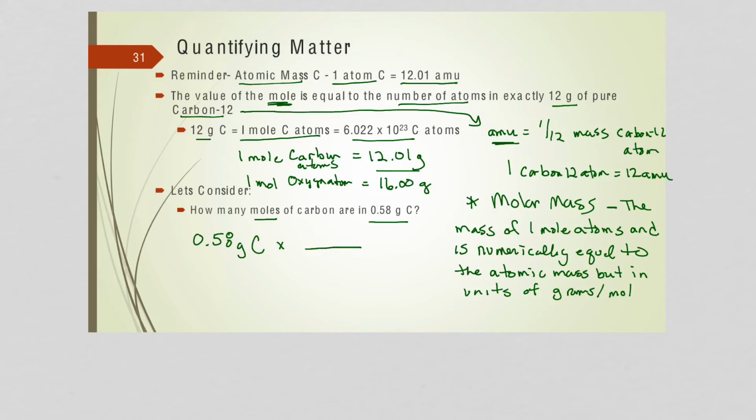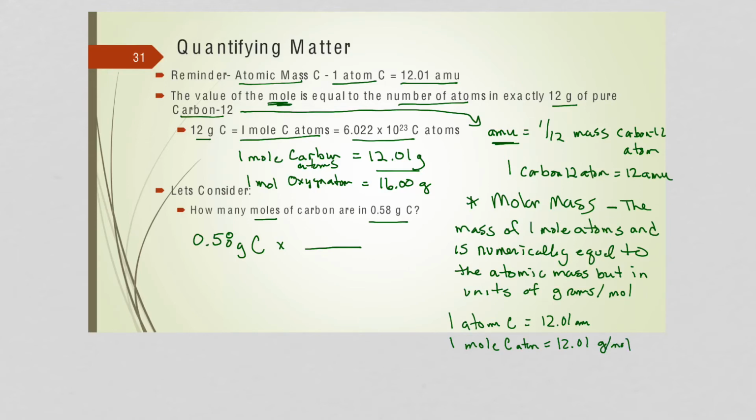So if you want to draw, just put it in a little bit more symbolism here. 1 atom of carbon equals 12.01 AMU. 1 mole of carbon atoms, 12.01 grams per mole.